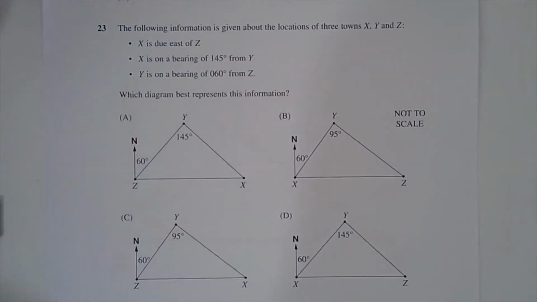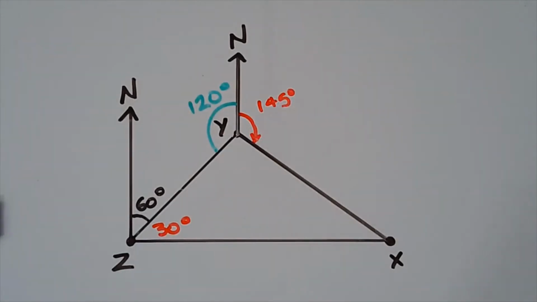Now to help with the explanation, I've redrawn the triangle here, not to scale of course, and X is due east of Z, and Y is on a bearing of 060 degrees from Z. So I've filled in another angle here, this is 30 degrees because it's complementary to 60 degrees, since X is due east of Z, so this is the east-west axis, and there's 90 degrees between north and east.